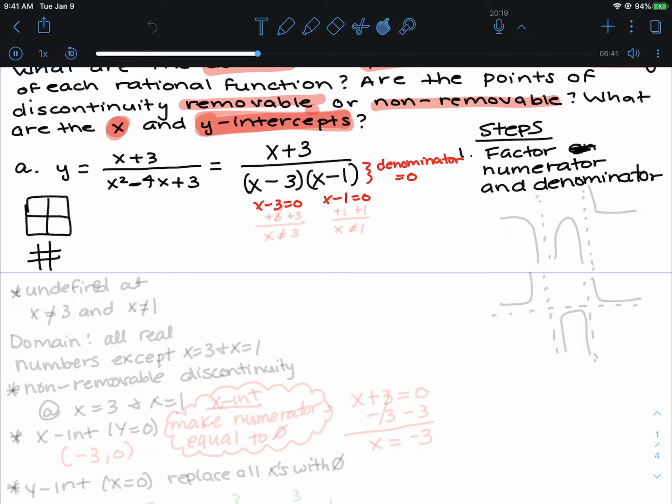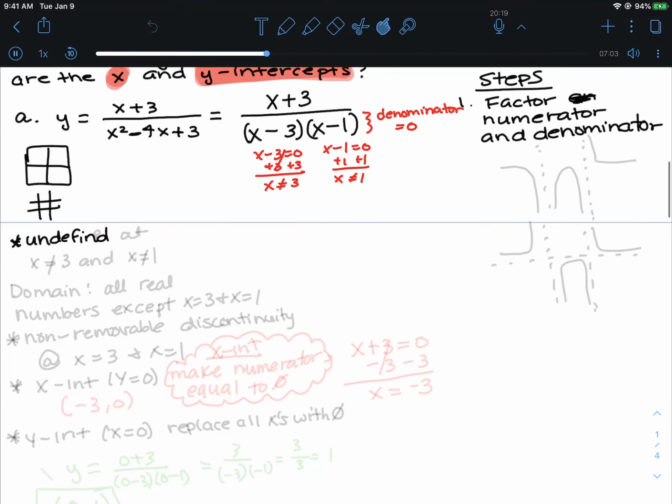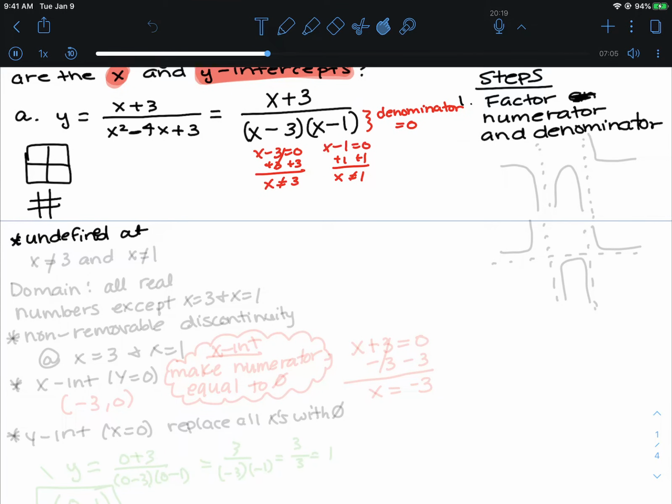At the 3, x cannot equal 3, okay? At the 1, x cannot equal 1, because if you do that, you're going to get a 0 as a denominator, which therefore would be undefined. So this will be undefined at x equals 3 and x equals 1, okay?